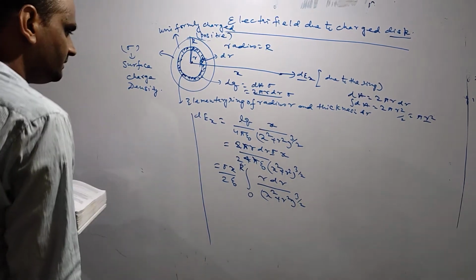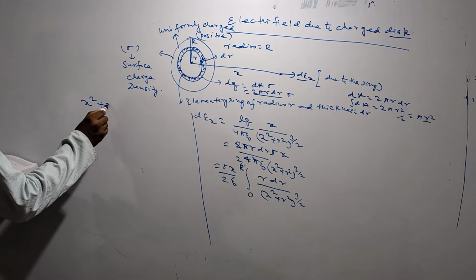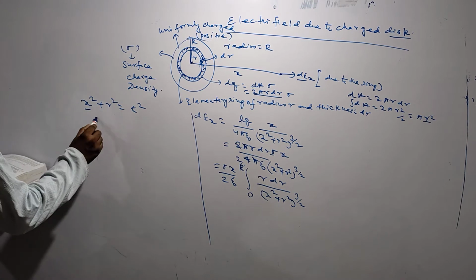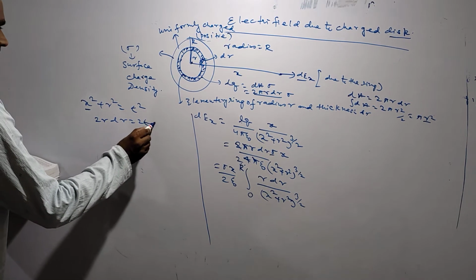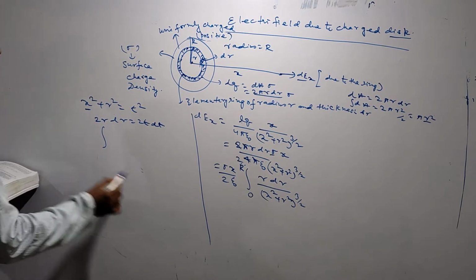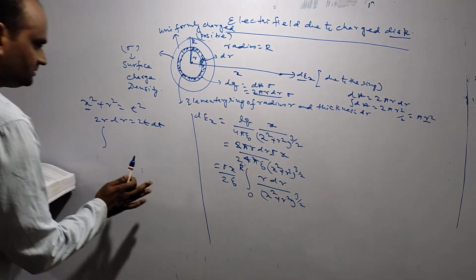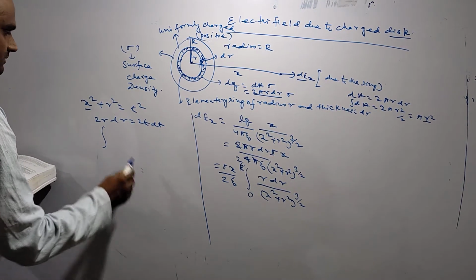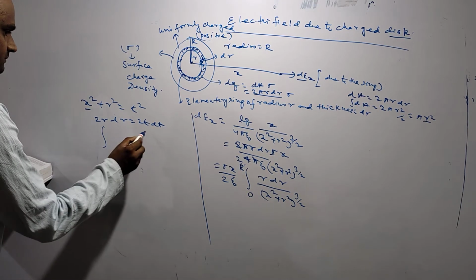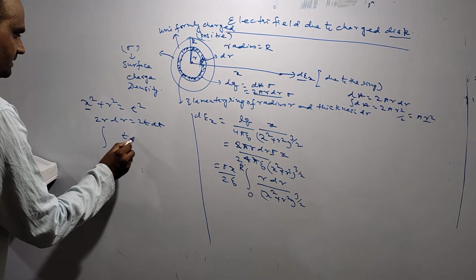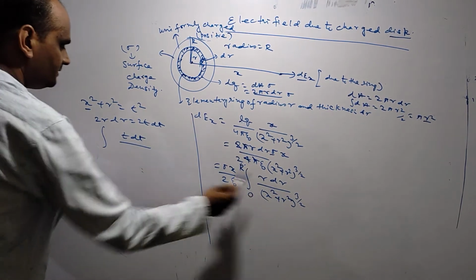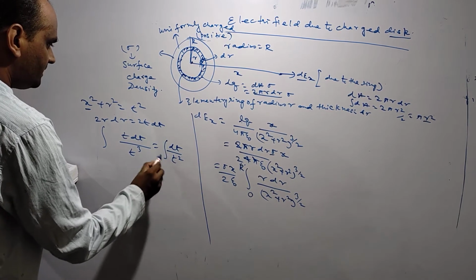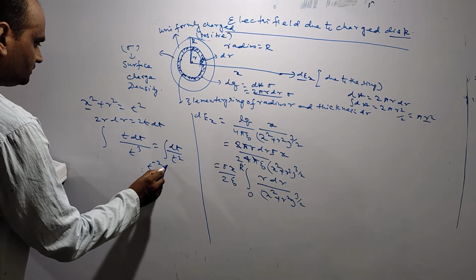Now consider x squared plus r squared equal to t squared. Since x is constant, differentiating both sides we get 2r dr equal to 2t dt. Do the calculations in rough: we have dt by t squared, that is t to the power minus 2 dt.